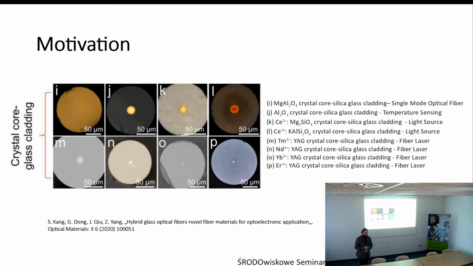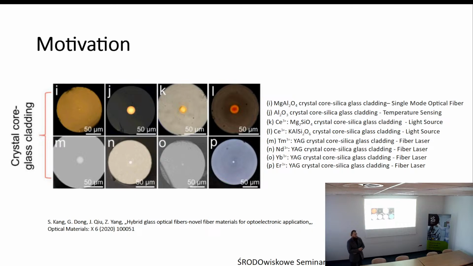Okay, so motivation. There is a class of optical fibers that is very interesting because it joins properties of glass and crystals. There is a glass cladding and a crystalline core inside.